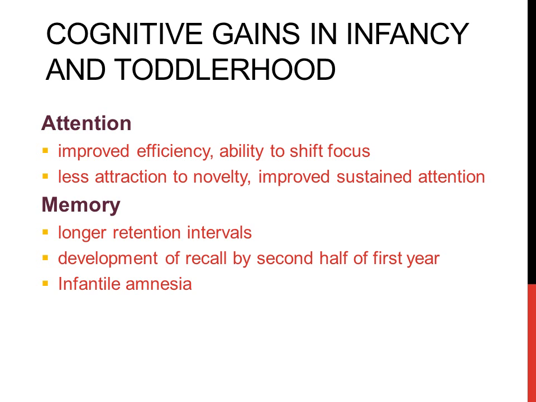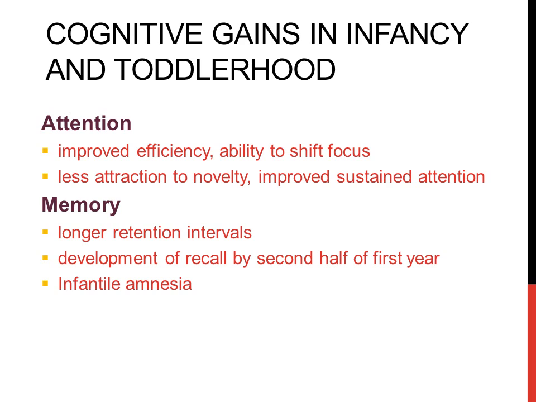So other cognitive gains that we see during infancy and toddlerhood. Kids are improving how efficiently they can pay attention and also how quickly they can shift focus from one thing to the next. If you look at very, very young infants, they have a hard time looking at one thing and then quickly switching to another thing. But as they continue to grow during the first couple of years, they become better at that, right?